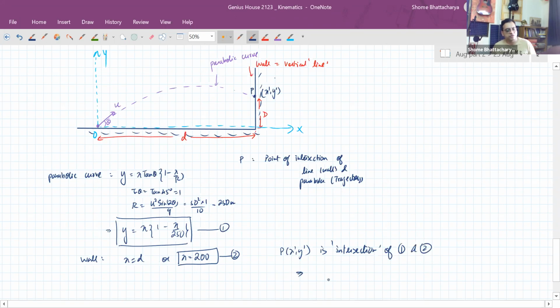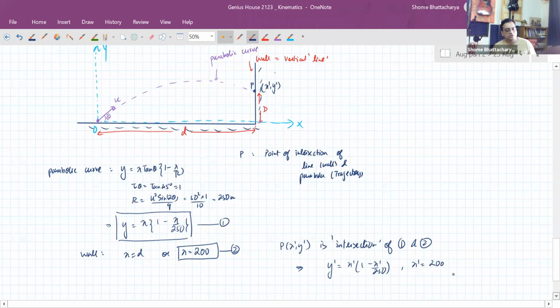So just substitute. The y coordinate should be equal to x prime into 1 minus x prime upon 250, and x prime is equal to 200. Substitute this here.